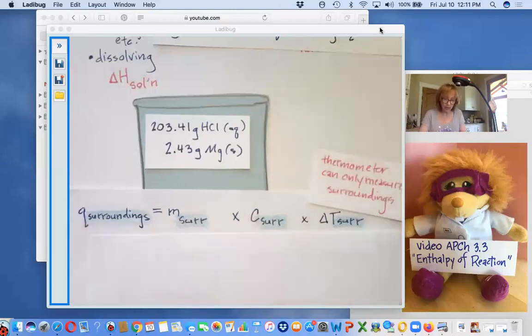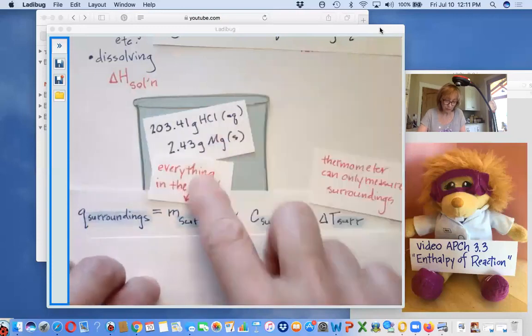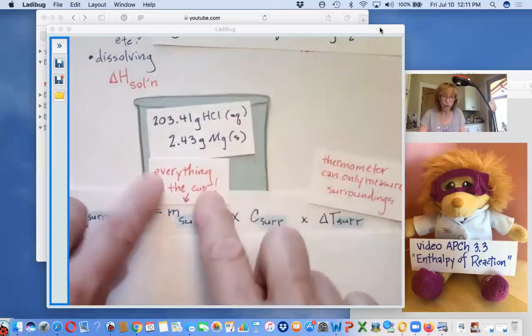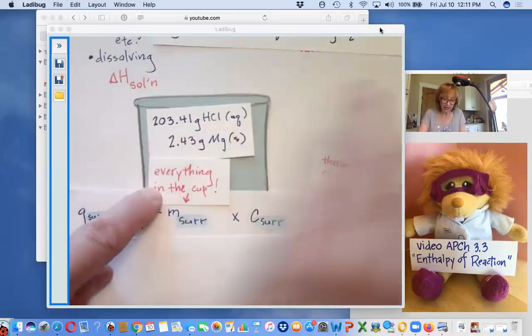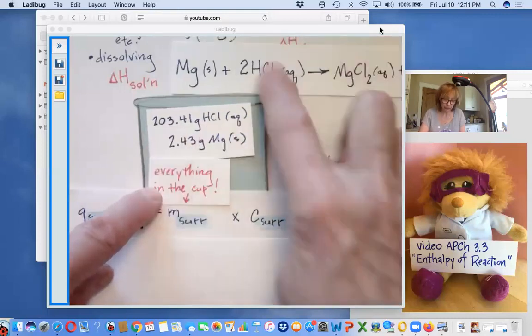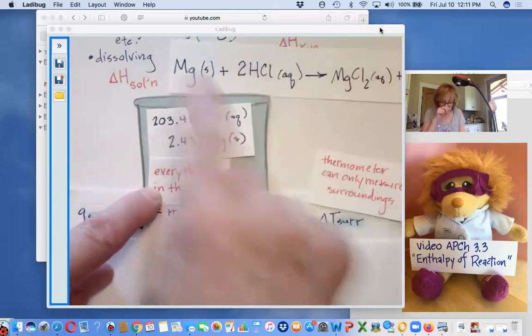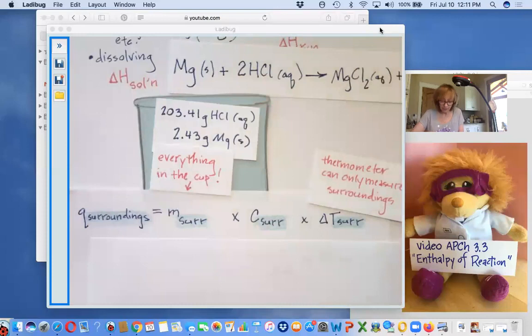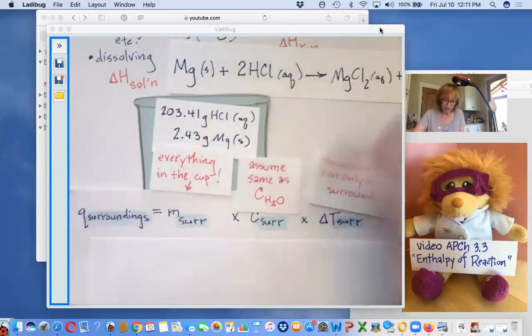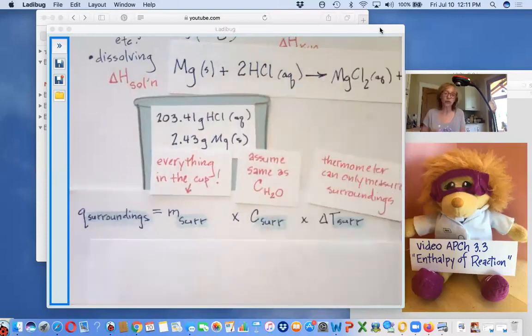So what we're putting in here is all the information about the surroundings. Everything in the cup is what we want to add together for mass of the surroundings. So it's the hydrochloric acid reactant that we put in first, as well as the magnesium reactant. And then the constant, once again, we're going to fudge a little bit and assume that it's okay to use the specific heat capacity of water.